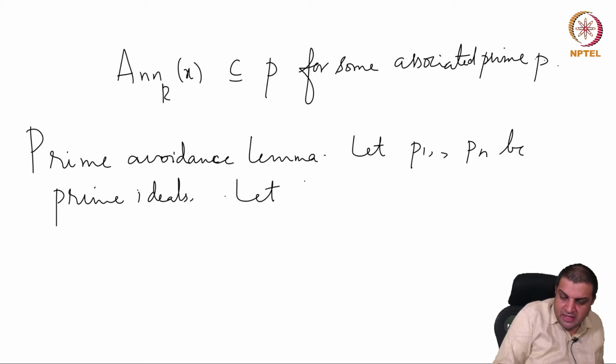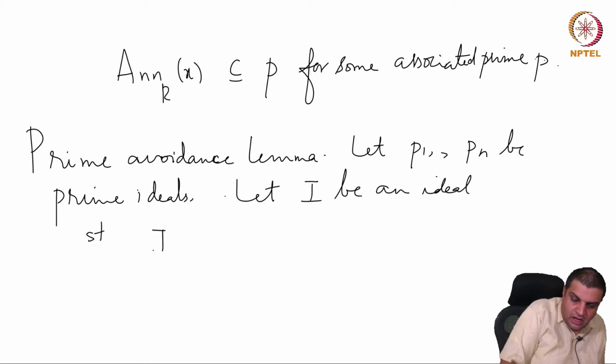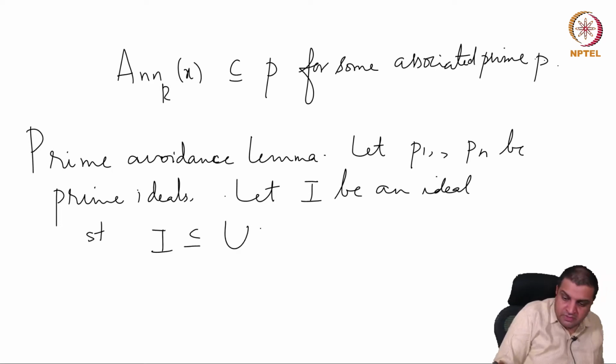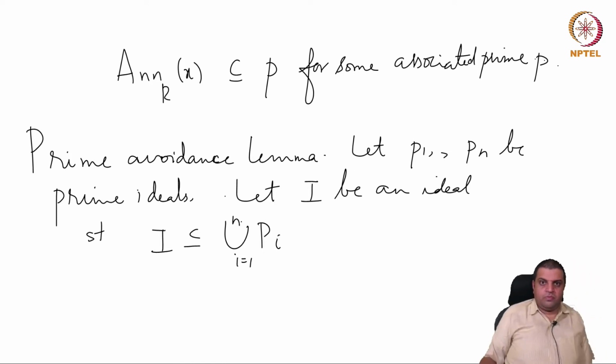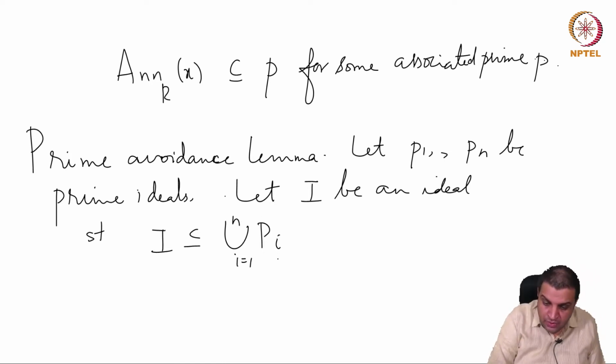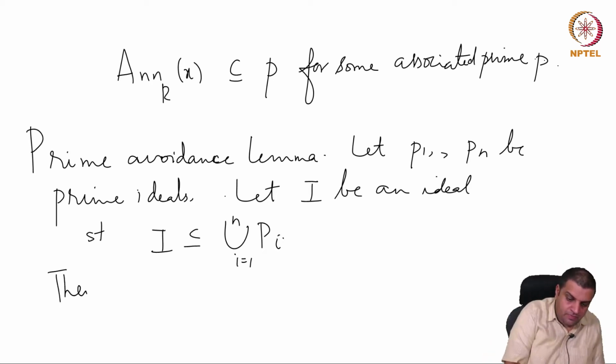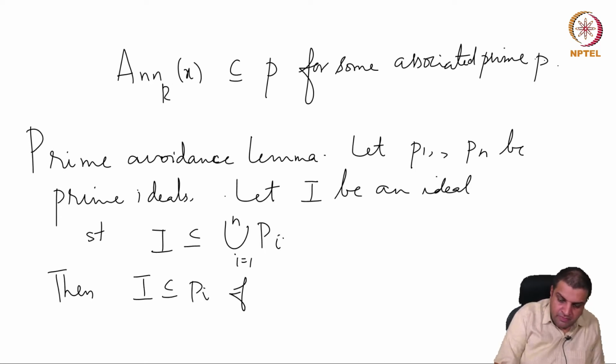Let I be an ideal such that I is in the union of the Pi. So the union itself may not be an ideal. So I is inside here. Then I is inside Pi for some i.